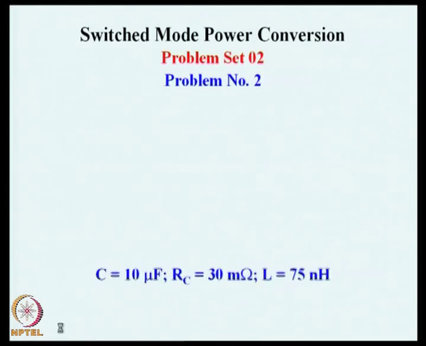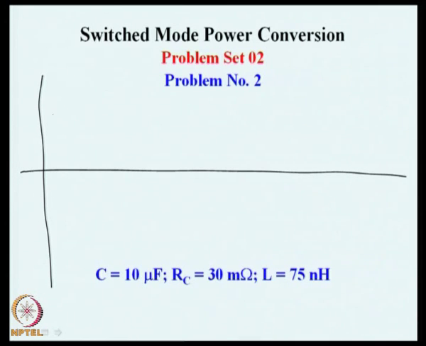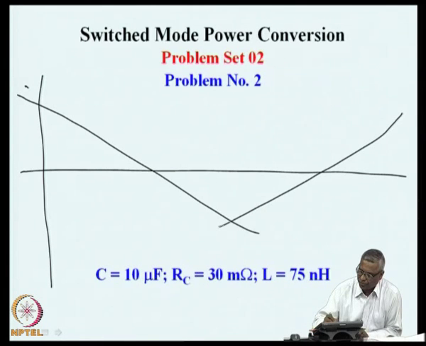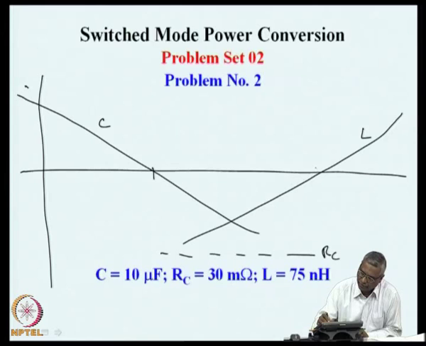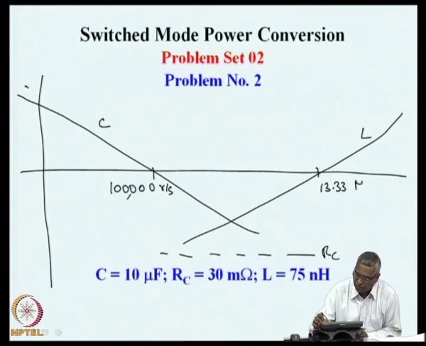So, if we put all three together and try to find out the overall behavior, we have R, L, C: this is 100,000 radian per second, this is 13.33 mega radian per second, and this is 30 milliohm or minus 30.5 dB ohm.